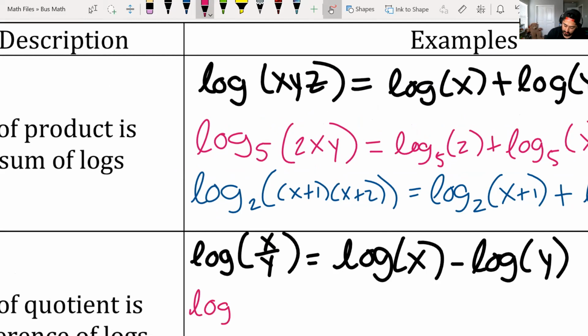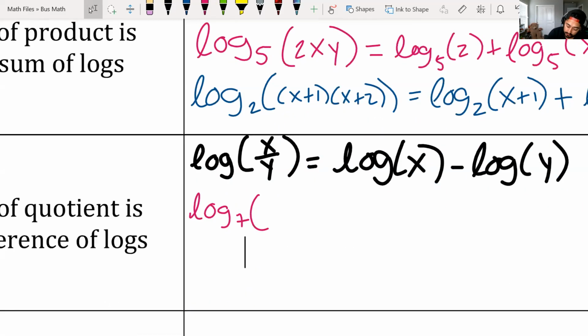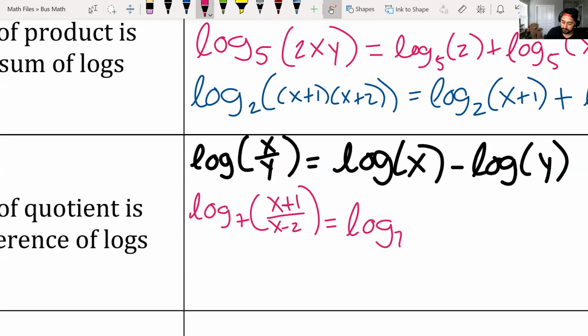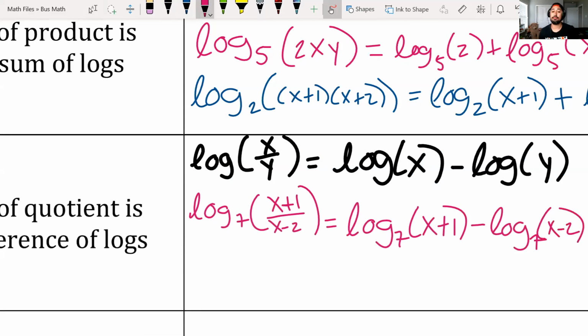I'll just make it log base 7 of x plus 1 over x minus 2. Then this can expand to log base 7 of x plus 1 minus log base 7 of x minus 2. That's it. That's how that works.